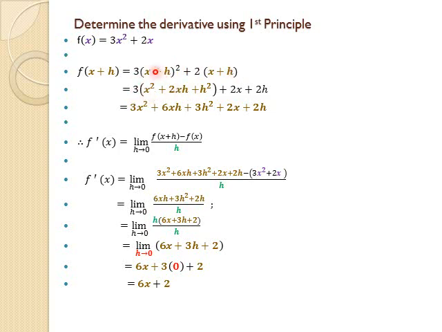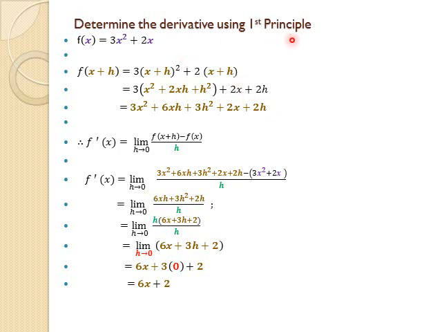Don't forget the middle term. X times h times 2 gives me 2xh. H times h is h squared. 2 times x gives me 2x. 2 times h gives me 2h. Multiply out, 3 times x squared, 3x squared. 3 times 2xh gives me 6xh. 3 times h squared gives me 3h squared, plus 2x plus 2h.